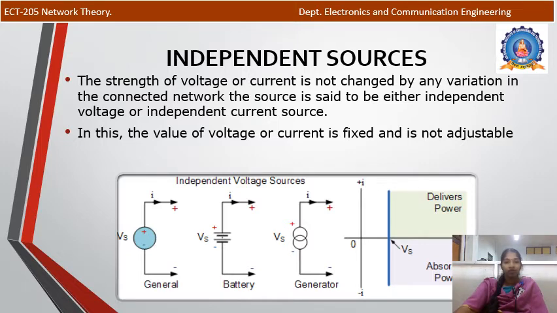These two are the sign conventions used in circuits. Here the voltage will be constant for independent sources. Keep in mind, for an independent source the value of voltage or current is fixed and it is not adjustable. That is the independent source. Is it clear?